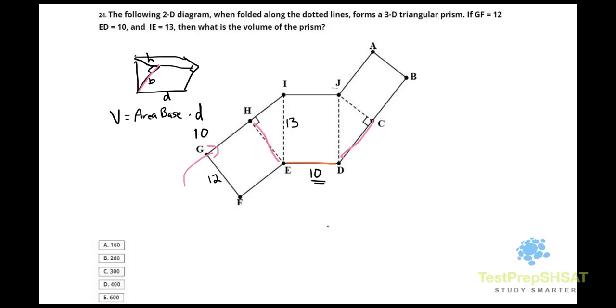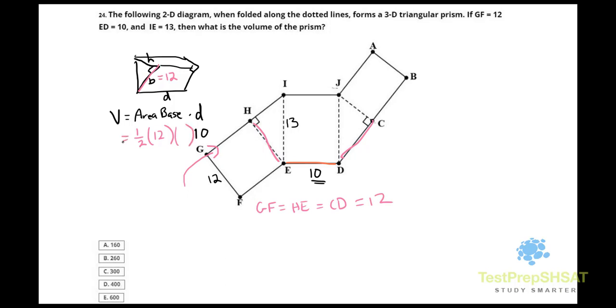So essentially what I know here is that side GF equals HE, which equals CD, and that in turn equals 12. So I know my base is 12.